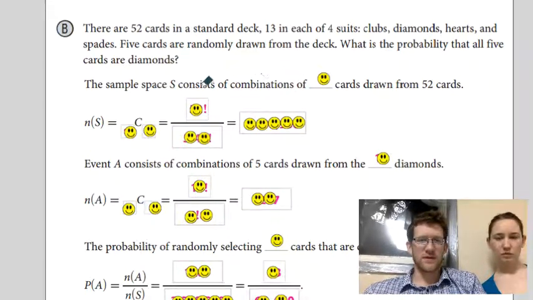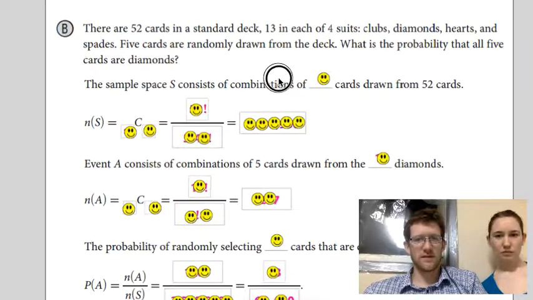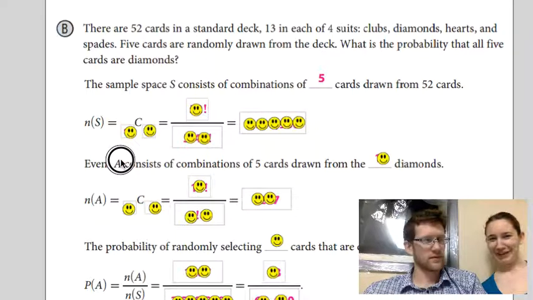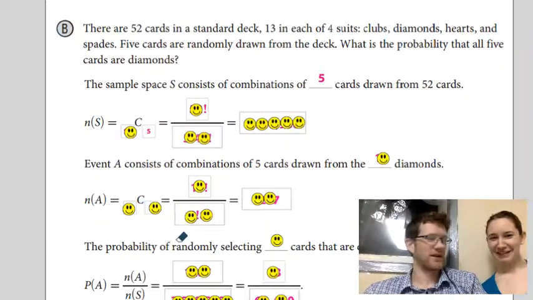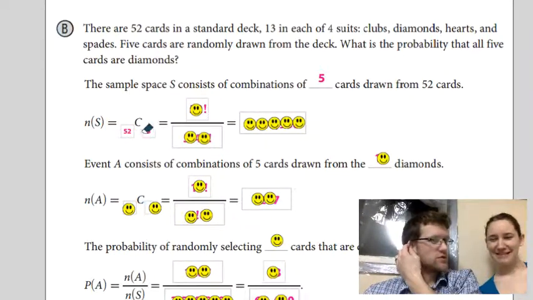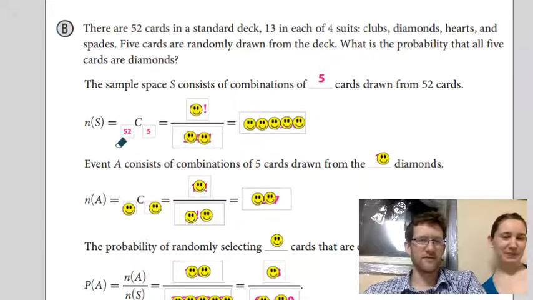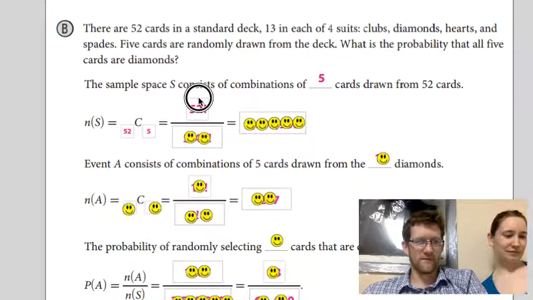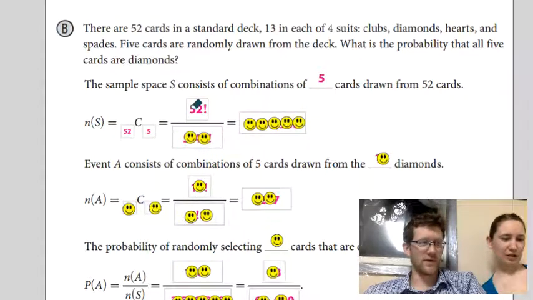So we're dealing with combinations here, not permutations. The sample space consists of combinations of how many cards? 5, drawn from 52 cards. So our r is 5. And what is n? 52. So it's 52 choose 5, which gives us 52 factorial over... No, we don't want just 52 factorial.